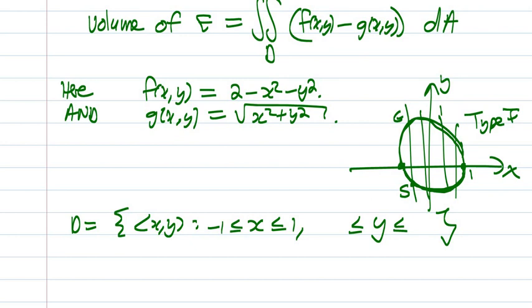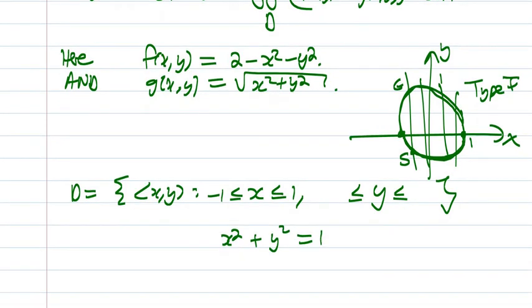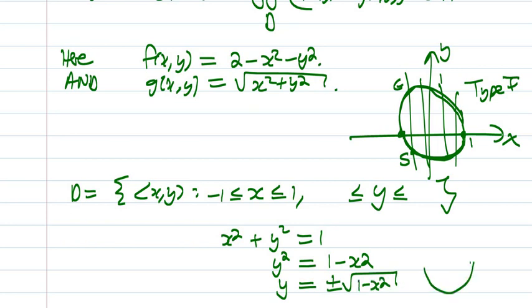Yes, we can, because we know that the equation of the circle is x squared plus y squared equals 1. So if I want to have y on its own, I can start by saying y squared equals 1 minus x squared. And so I can see that y is plus minus the square root of 1 minus x squared. So the bottom curve has equation y equals minus the square root of 1 minus x squared, and the top curve has equation y is equal to the square root of 1 minus x squared.